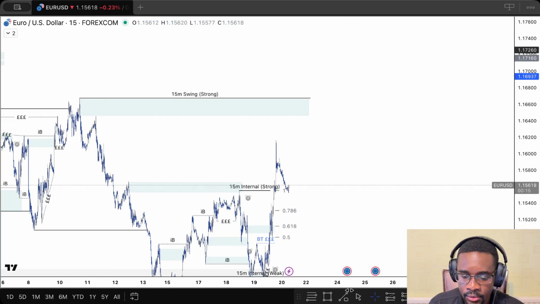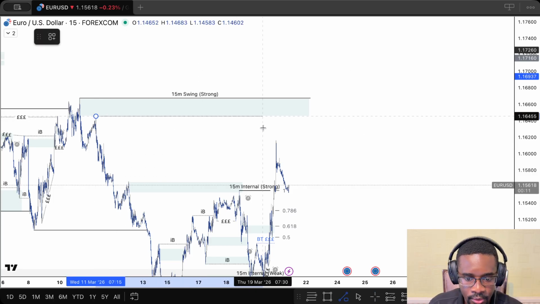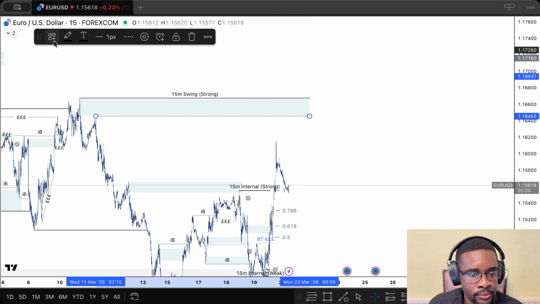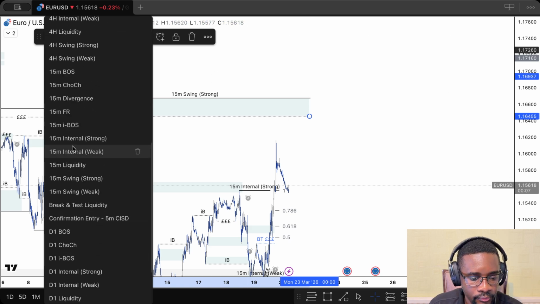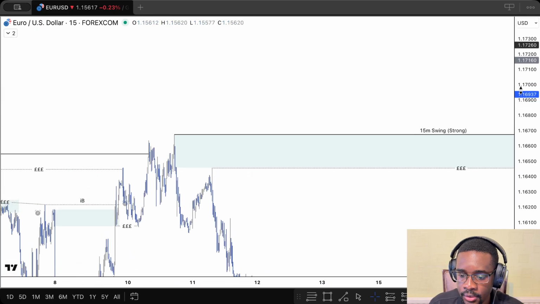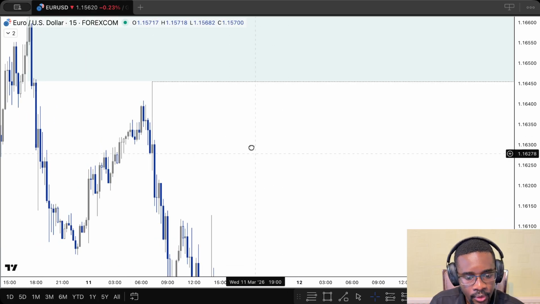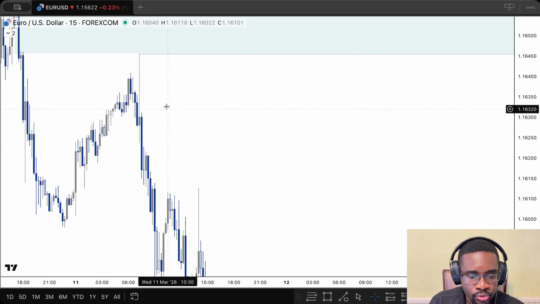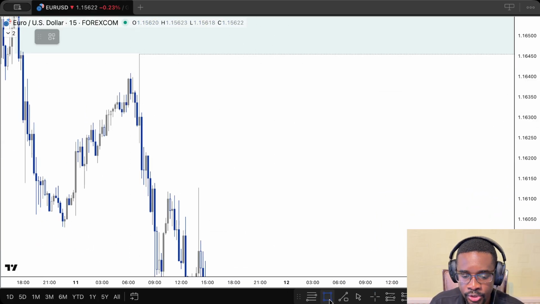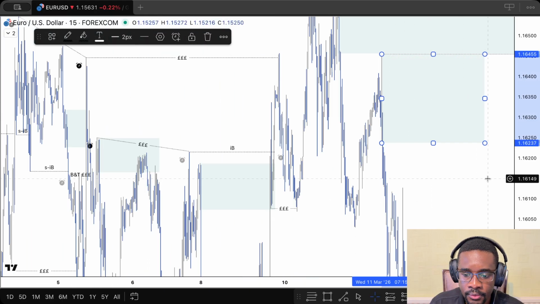Okay, so this could become a possible liquidity point. Okay, we did have a sweep, strong reaction, bearish. Okay, so I could cover that as well.